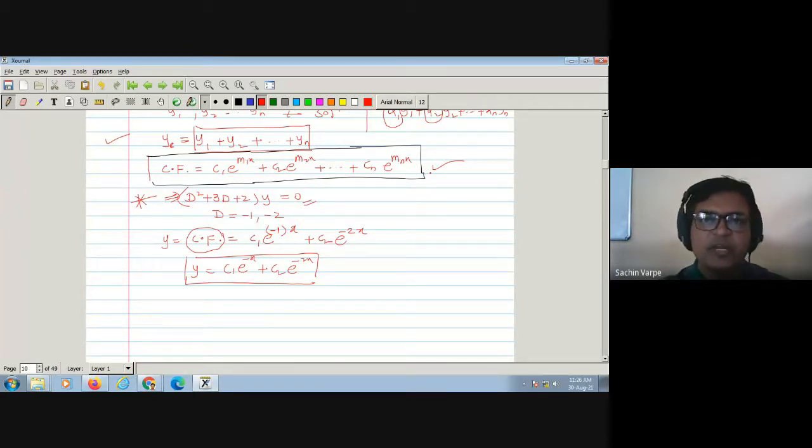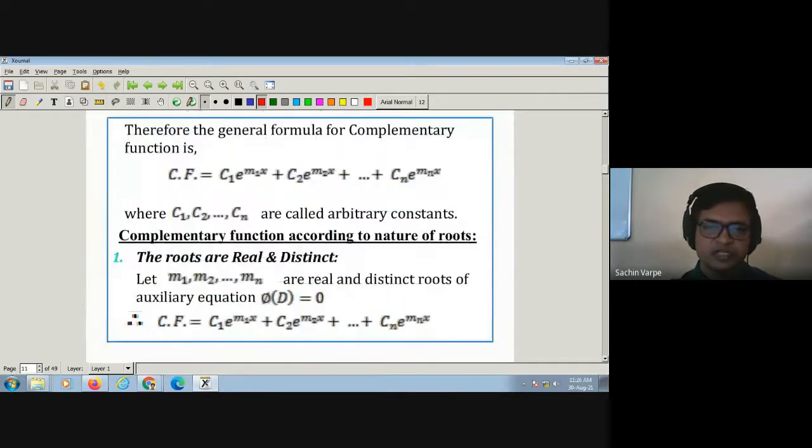So its complementary function involves only two arbitrary constants, remember. This is how we can cross verify our complementary function. If the given differential equation is of third order, then we must have three arbitrary constants. Is this clear? That is what I have explained here.